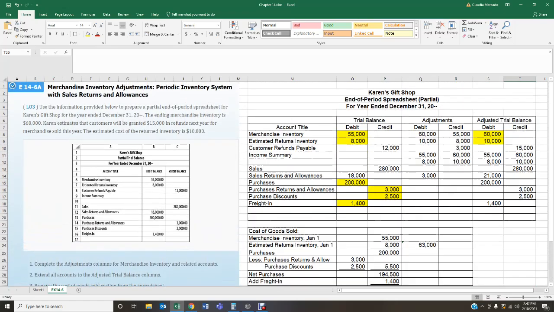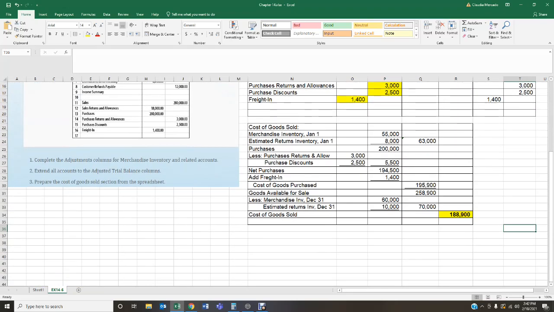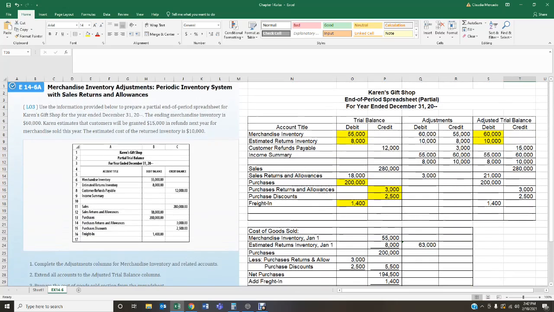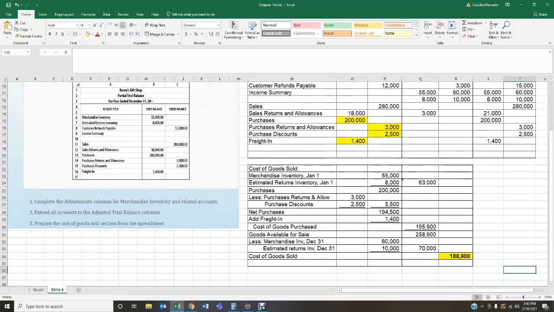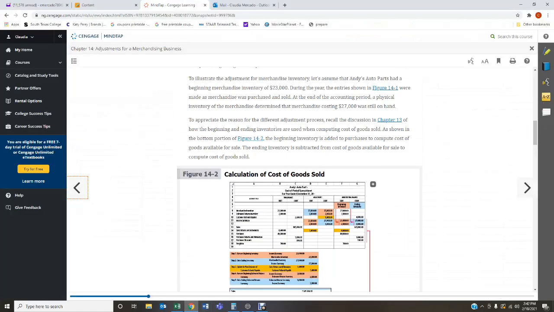So using the information provided in our partial worksheet, we're going to prepare our cost of goods sold section using the spreadsheet. Everything is basically coming from our top portion, our trial balance, and then towards the end is our adjusted trial balance. So it's fairly long, but it's just a matter of following the steps.